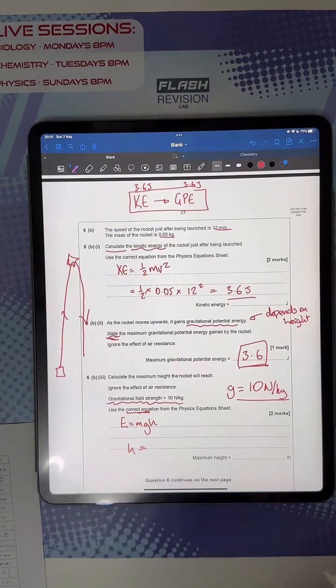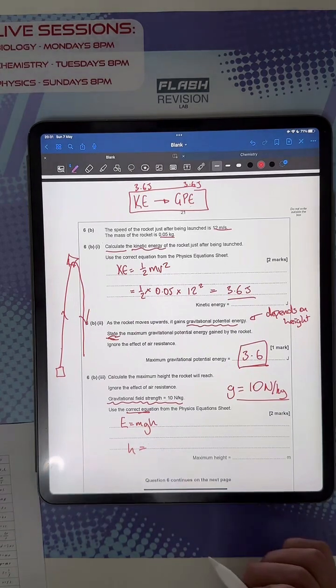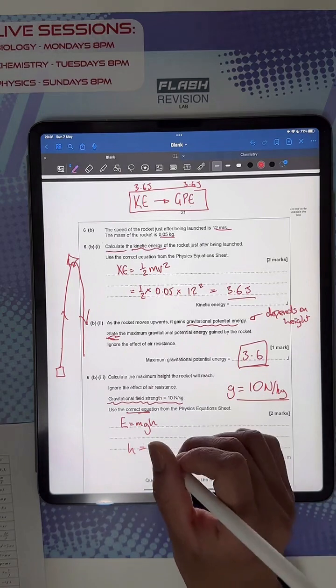H is equal to... How can we rearrange this? Divide by mg, exactly.